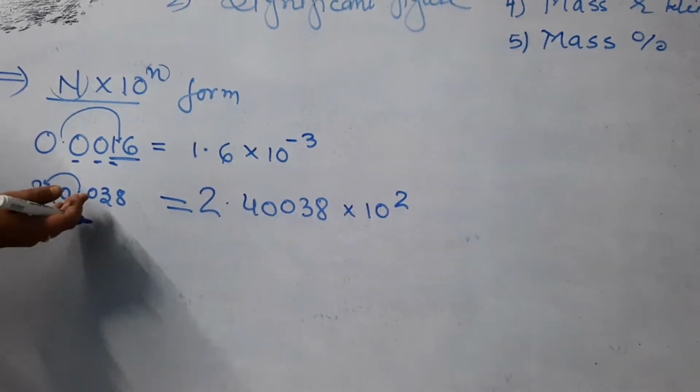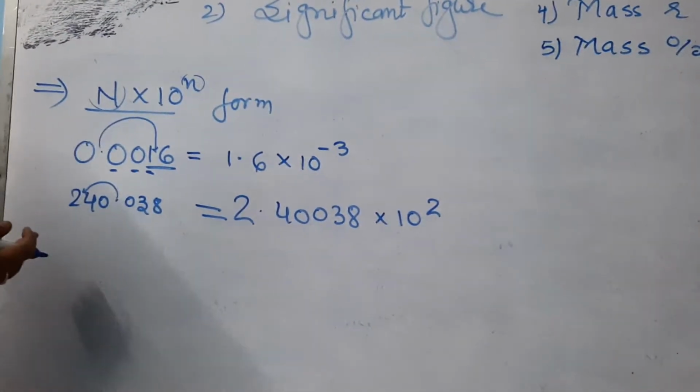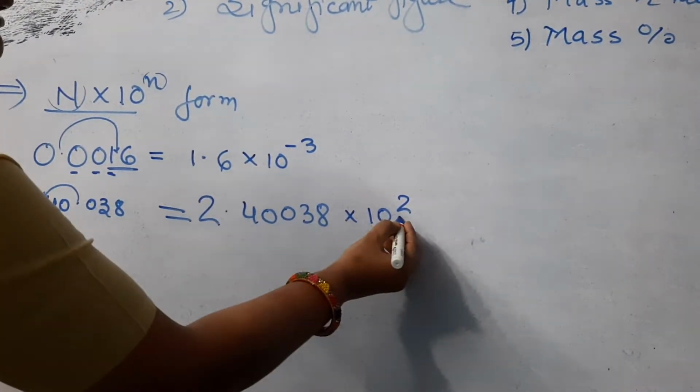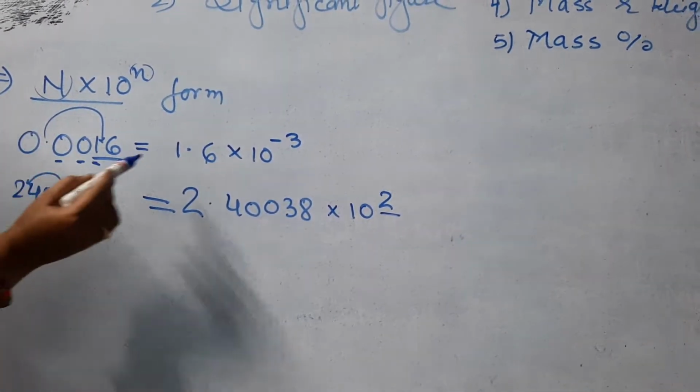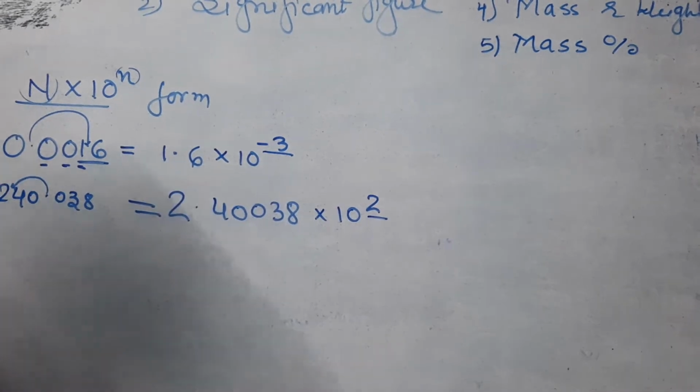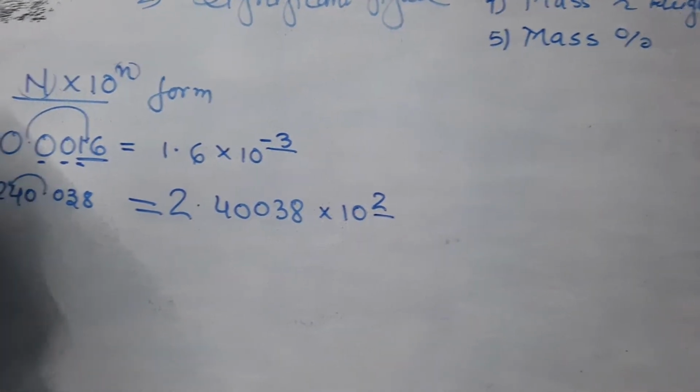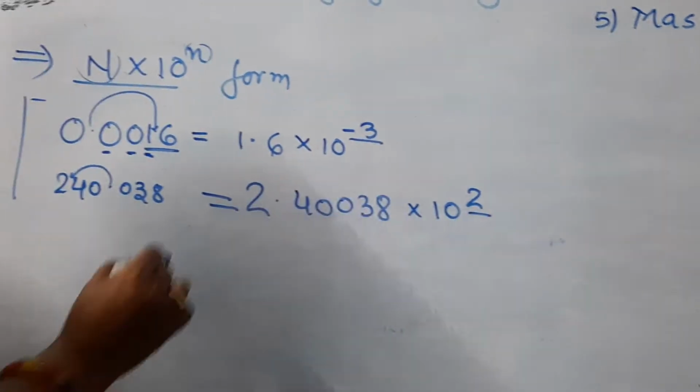Okay, when you go forward, you take the power value as positive, and when you go backward, you take the power value as negative. So this is known as scientific notation.